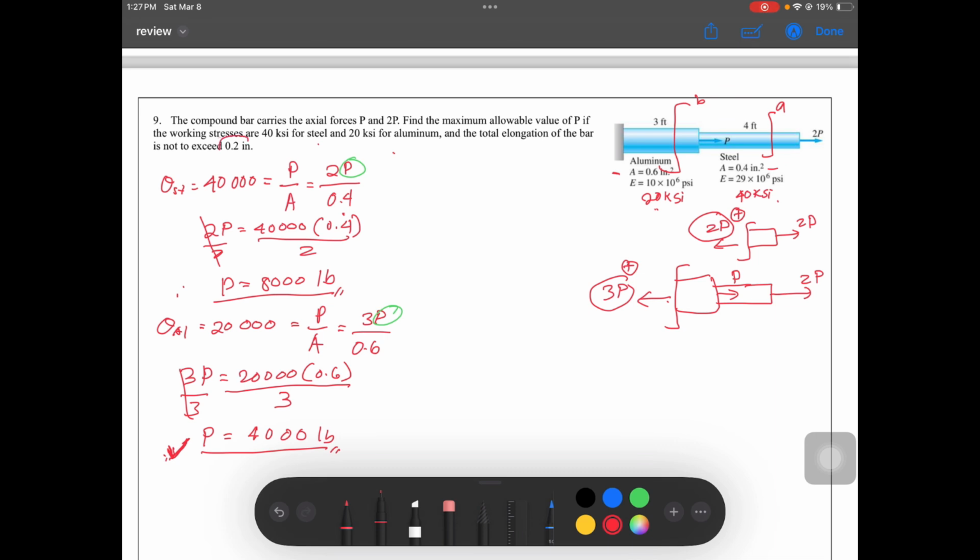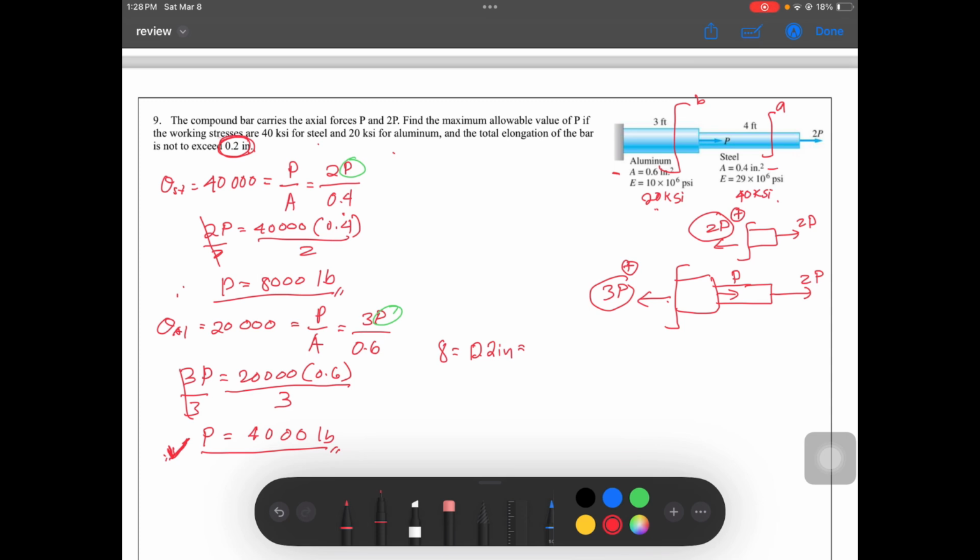Pero, kailangan natin i-satisfy din ito. Let's check ano ang makukuha nating P dito. Kailangan di rin mataas. Okay, so, this is our total elongation, which is 0.2 inches. So, ano ang elongation natin?